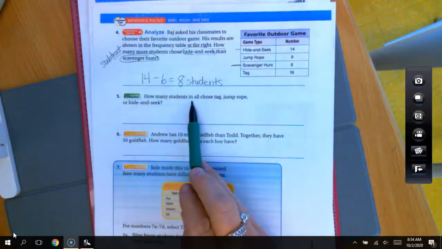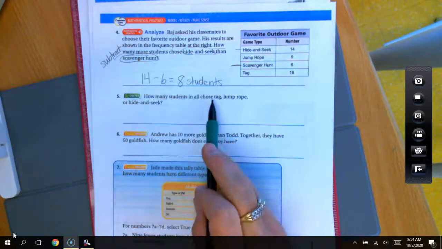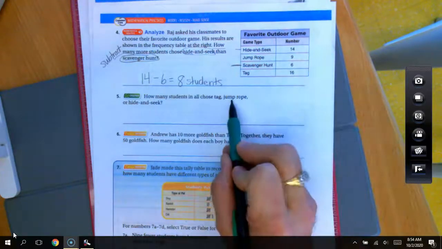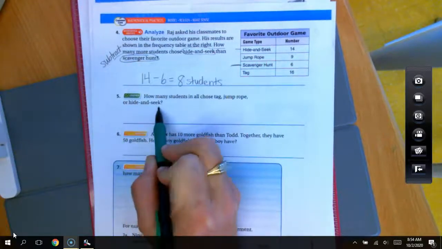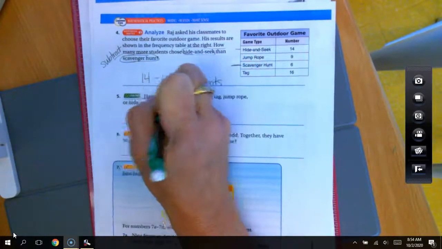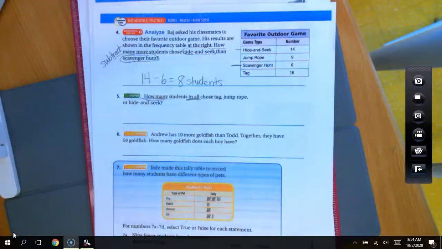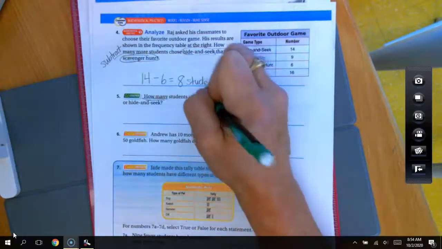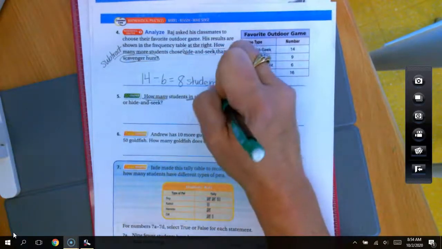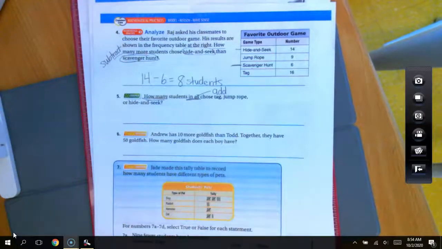How many students in all chose tag, jump rope, or hide and seek? So clue words, how many, and in all means to do what? What do you think? Add or subtract? If you chose add, you were correct.